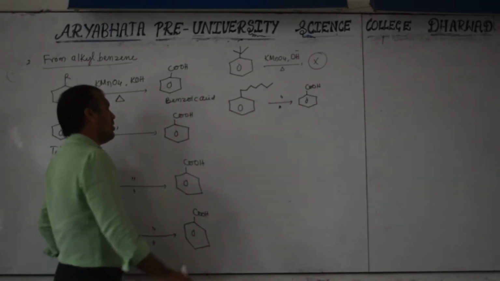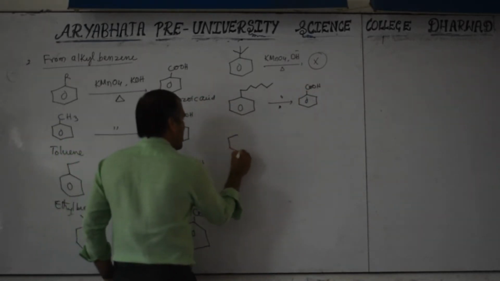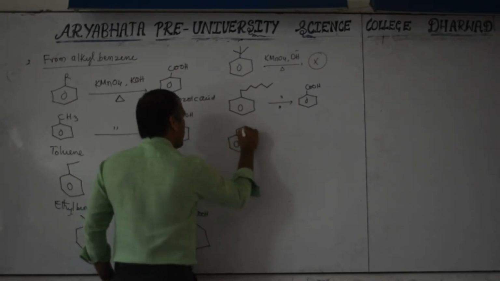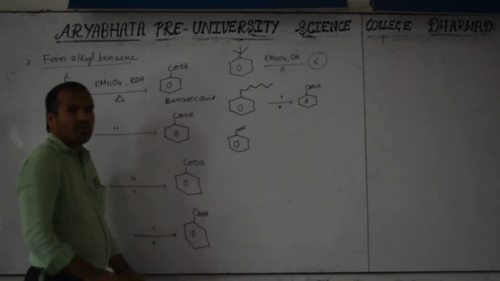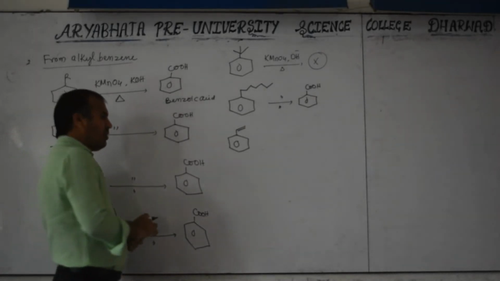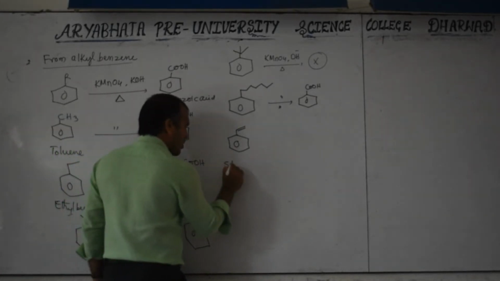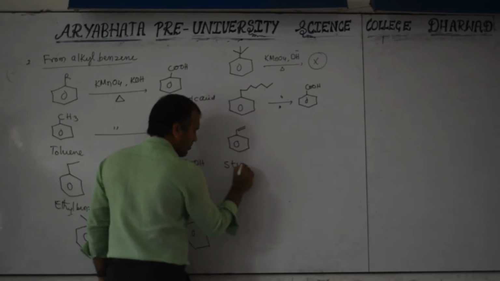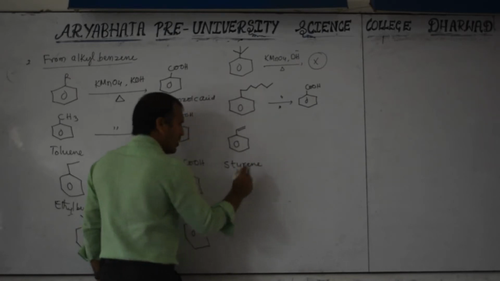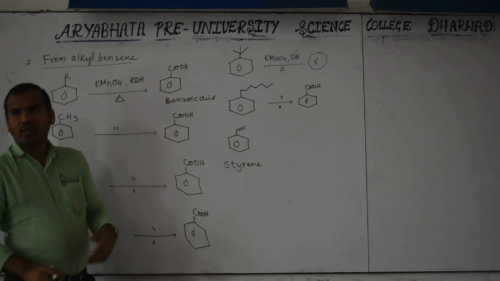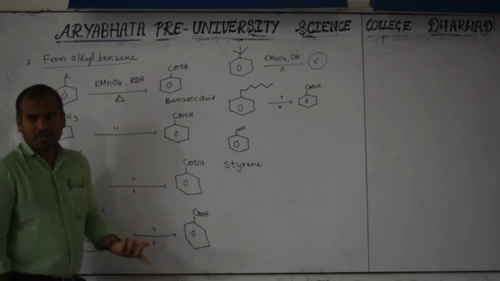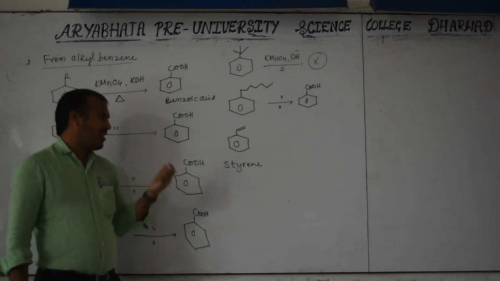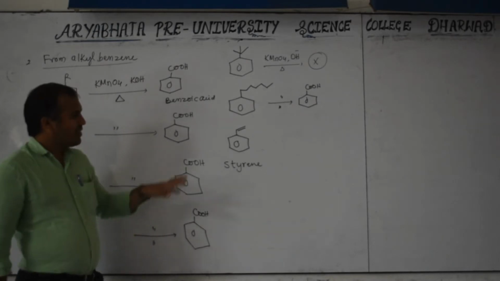Now this also converts: an alkene. Its common name generally used is styrene. It will come in the polymer chapter also, but the polymer chapter nowadays in Corona time may not be there. So this is called styrene.